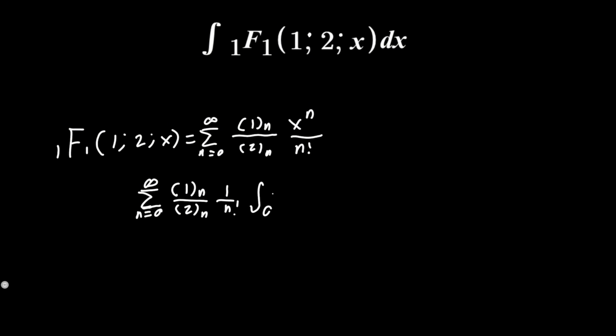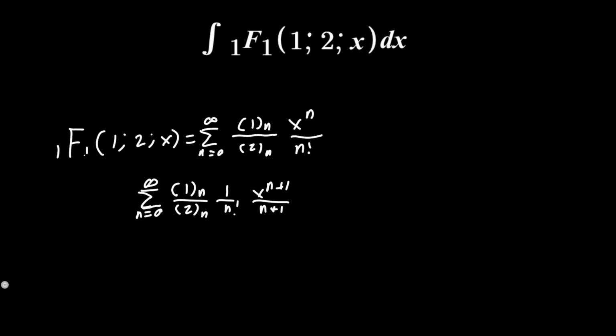And then the integral, well, there's no bound, so it'll just be the integral of x to the n dx. This pretty much just becomes x to the n plus 1 over n plus 1. Okay? And the question is, how do we rewrite this as a hypergeometric function?